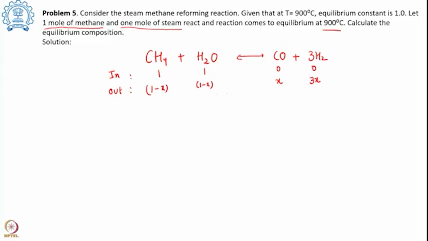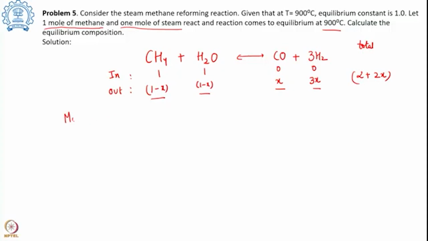If we sum the total, 1 minus x, 1 minus x, x and 3x, it comes out to be 2 plus 2x. This will be used for finding the mole fraction.